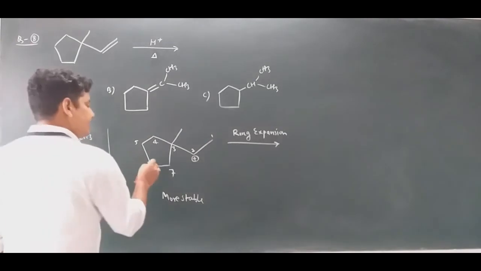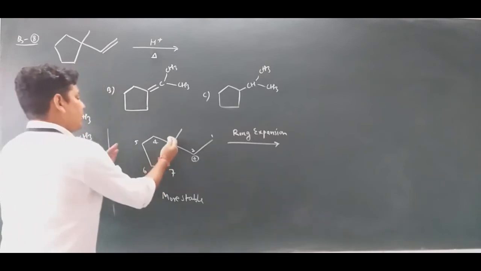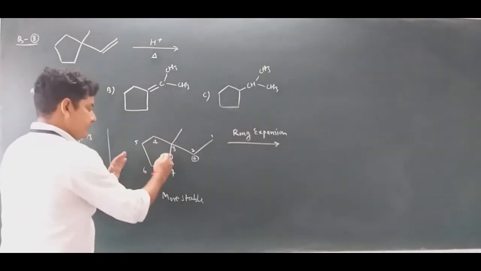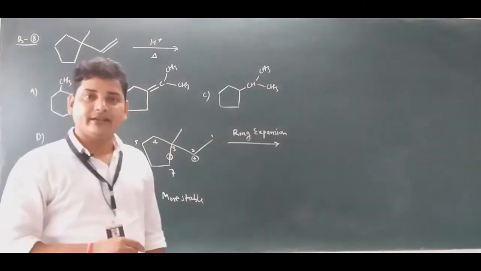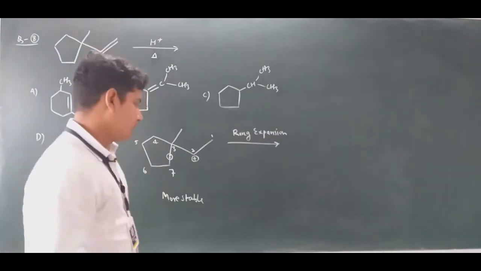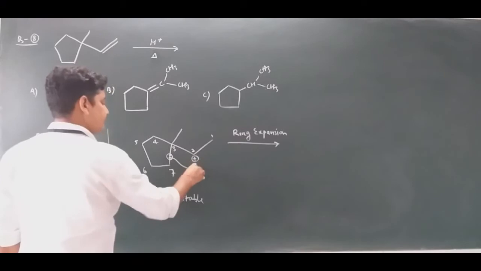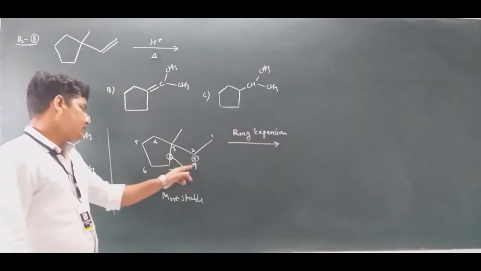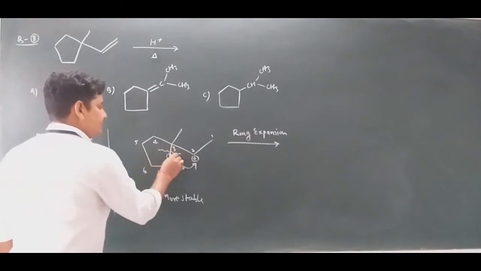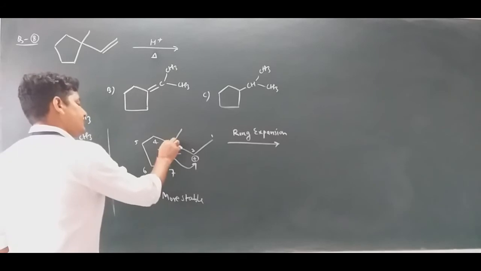Now what happens here? There is a ring expansion. In the ring, how many carbon atoms are there? 1, 2, 3, 4, 5. A 5-membered ring is here, so there is ring expansion. These 2 electrons go there; this bond is cleaved and the 2 electrons go there, then the positive charge is here.